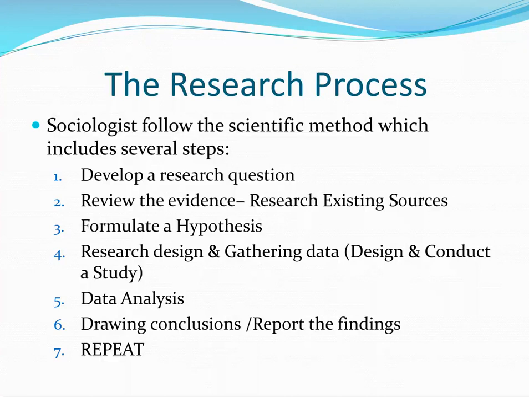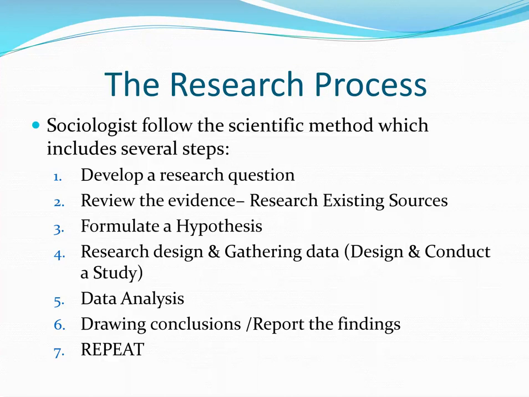Now we're going to look at the scientific method and the different steps that you take during the research process. The first step is to develop a research question. The second step is to review the evidence, basically doing a literature review to see what information is out there. Your third step is to formulate a hypothesis, or develop additional research questions.